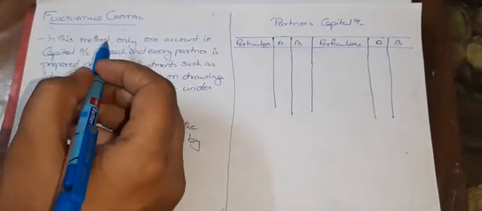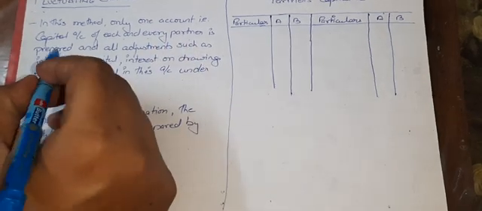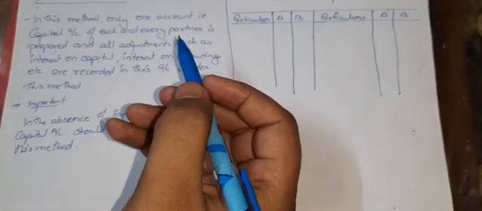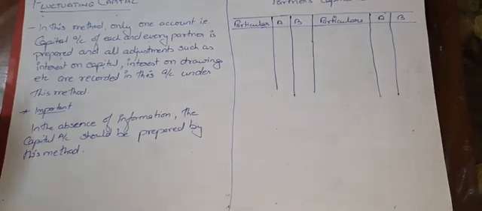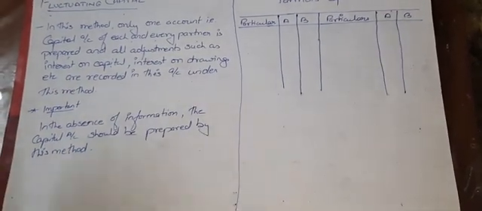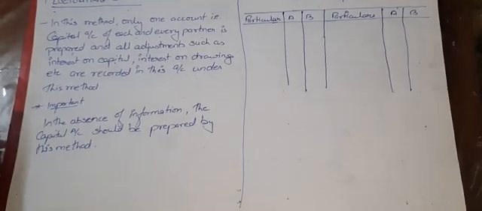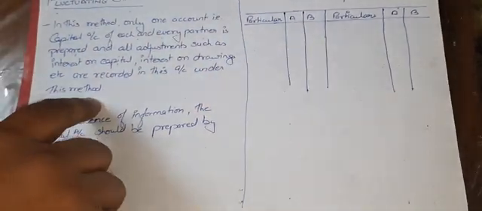In this method, only one account, the capital account of each partner, is prepared, and all the adjustments such as interest on capital, interest on drawings, addition of capital, withdrawal of capital are recorded in this account. Whereas in fixed capital we prepare two accounts, partner's capital and current account, in fluctuating only the partner's capital account is prepared, and all the information regarding the partners is shown in it.